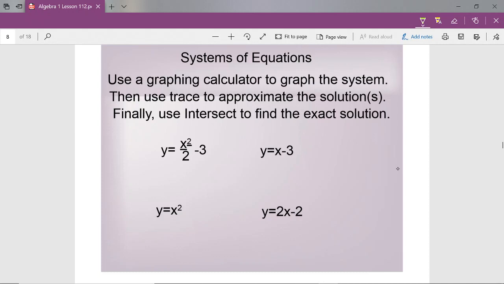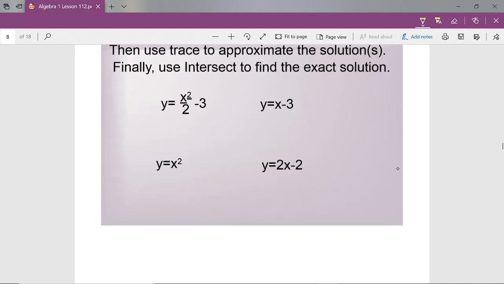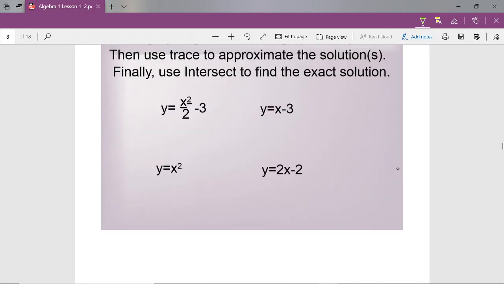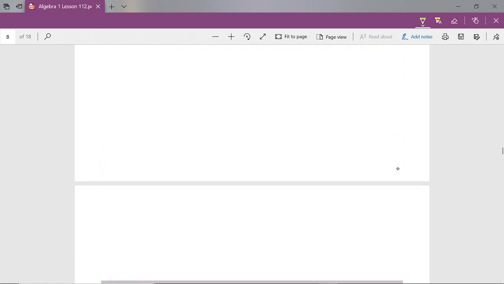So if you need a refresher, go back to that lesson on graphing systems of linear equations, and with that graphing calculator in that lab, we will do the exact same process here, which is using the calculator's ability to find the intersection of 2 points, and it'll work the same way for these quadratics and linear equations. So go back to that lesson, check out the lab that we did for that, and you can check your solutions for these, or you can do that by hand because they're not too difficult to look at.